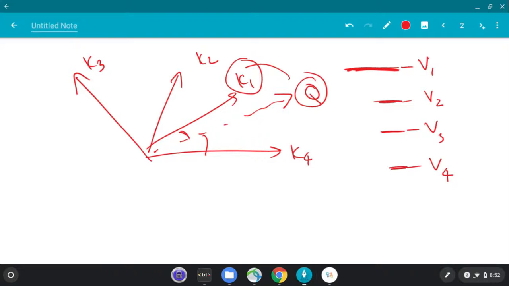Values are vectors, but think of this as the inner product magnitude of the query with the keys. This key has the highest inner product, so this value is the most relevant information. That's what we want to get to. We multiply the query by the keys to get an idea of which value is the most relevant information that needs to be passed forward. That's the mechanism in this key, value, and query setup.